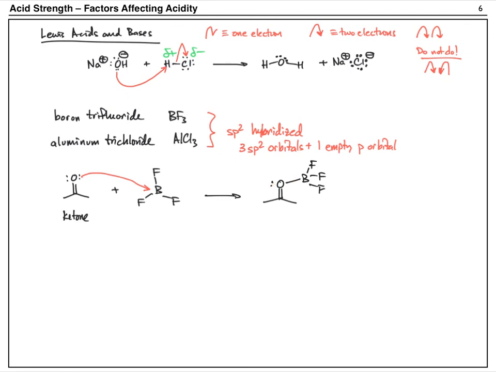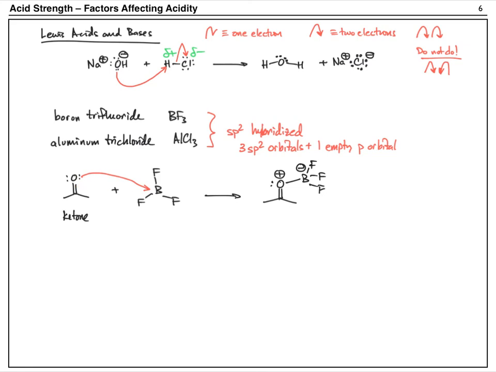So when we do our formal charge calculation, we find that oxygen is going to be a plus and the boron is now going to be a minus. So notice plus balances the minus. Overall, we're neutral because we started neutral.